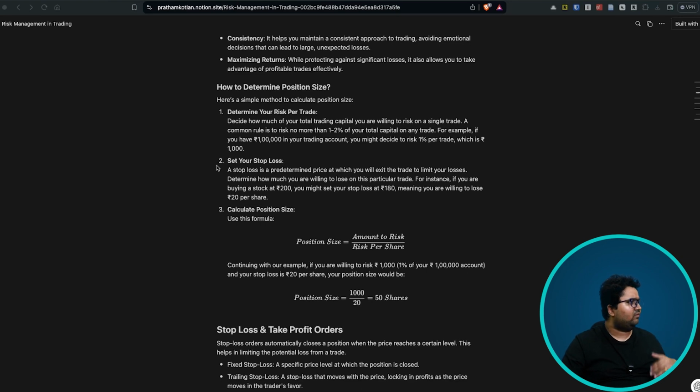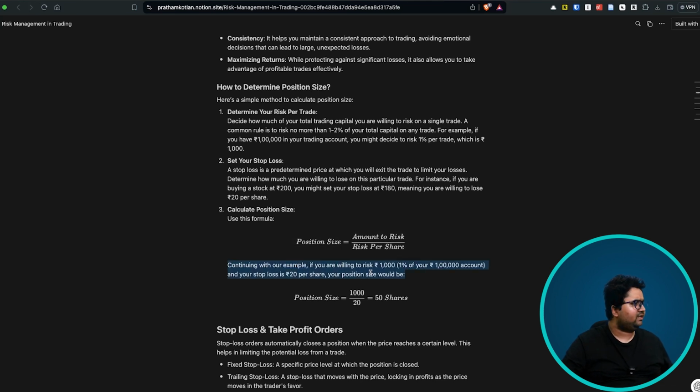So let's say you want a 1% allocation of that. You want to say that, given $1,000, I'm okay if my stocks dip by 1% or 10%, whatever that number is. The formula essentially becomes very, very simple. The position size is equal to the amount to risk divided by risk per share.